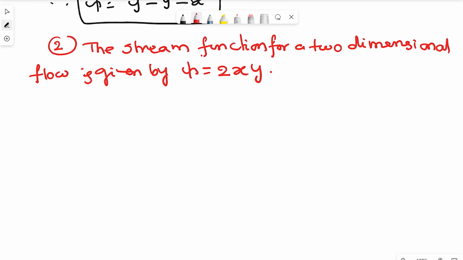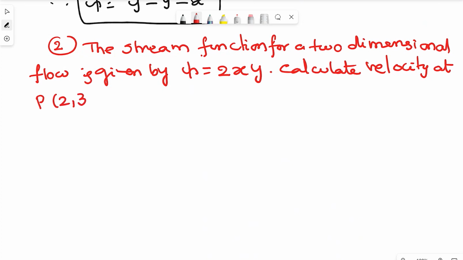Calculate velocity at P (2, 3). Find velocity potential.